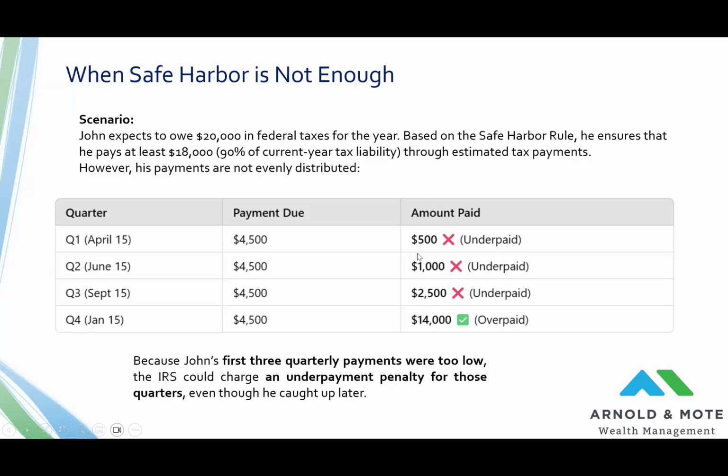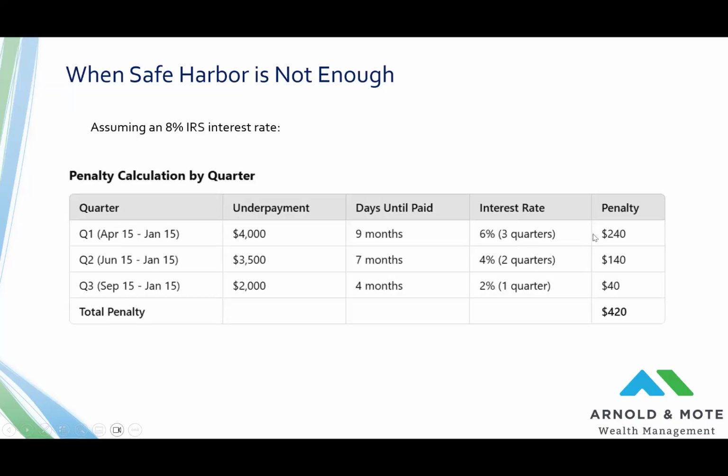The IRS sees that as basically they've been giving you a loan here for these quarters. You haven't paid in equally through those quarters, and the IRS is going to start tacking on that interest rate or that penalty to those payments. And so, for example, if we assume that 8% interest rate, here's what the IRS might come back to John with and say: you actually didn't meet safe harbor because your quarter one payment underpaid by $4,000.